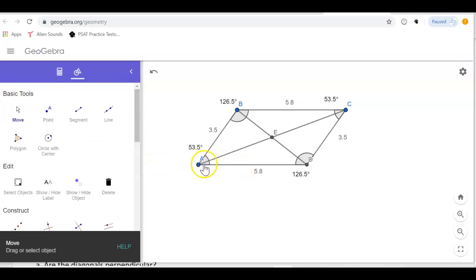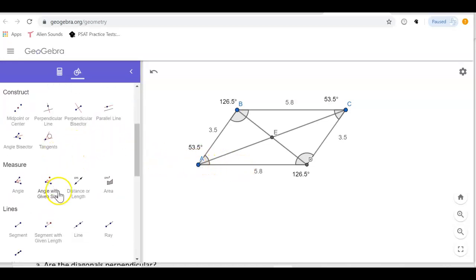Now I'm going to measure the length of each half of the diagonal, meaning A to E has a measure of 4.1, E to C has a measure of 4.1, B to E is 2.3, D to E is 2.3. So when I look here, although the diagonals weren't congruent, that intersection point ends up being the midpoint of diagonal AC, and E ends up being the midpoint of BD.